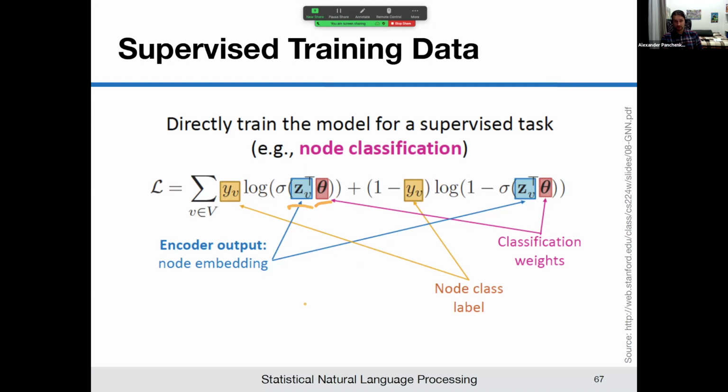So the parameters of this classification objective, but also the node embedding parameters simultaneously, to solve a particular task well enough.